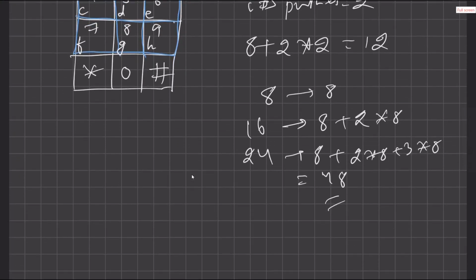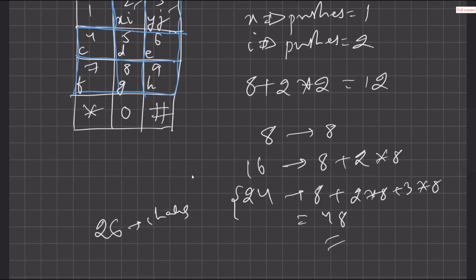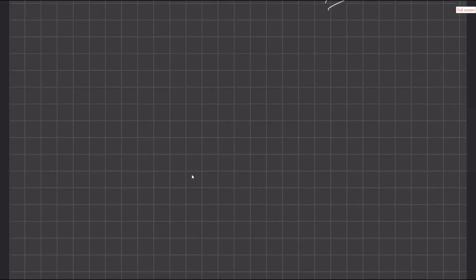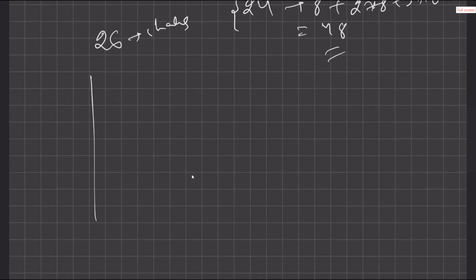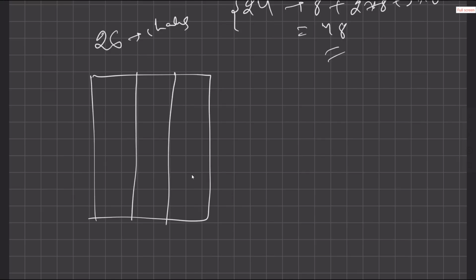So if you had all 26 different characters, in that case your answer would be, you have this 48 in case of 24, and the remaining. Let me tell you what is going to happen. So we have 1, 0, star.